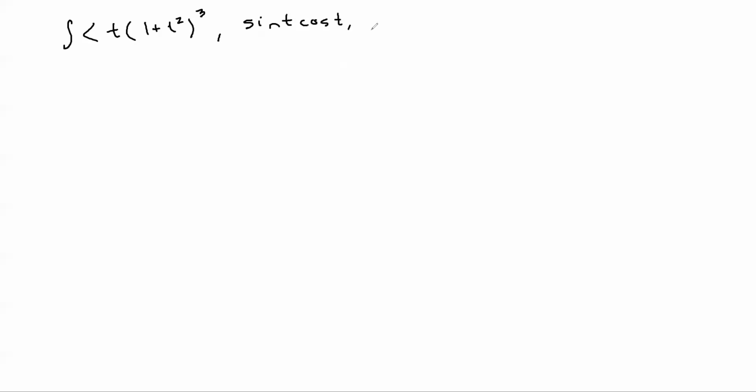Just for practice. All right, so if you're asked to find the antiderivative or indefinite integral of a vector function, then you just find the indefinite integral of the components. Oops. Don't forget that dt.